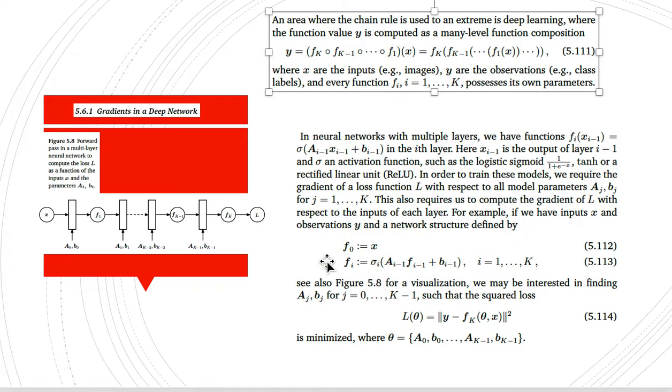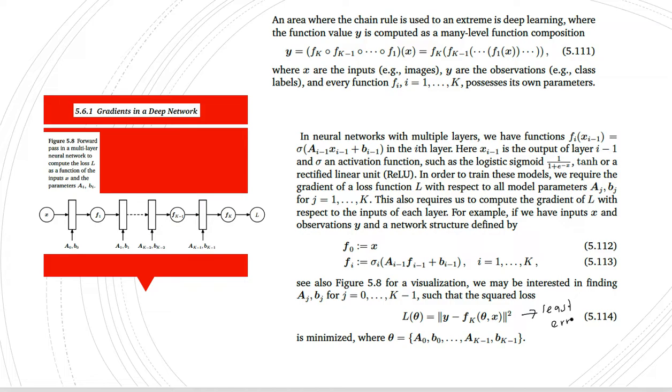So we may be interested in finding the A_j, b_j for j equal to 0 until K-1 such that the squared loss, this one, the L(theta) here, this function is minimized, where theta is A_0, b_0 until A_{K-1}, b_{K-1}. So this loss function also can be used to find the least error, like I explained just now, right?